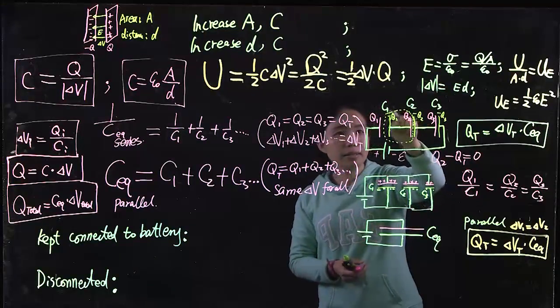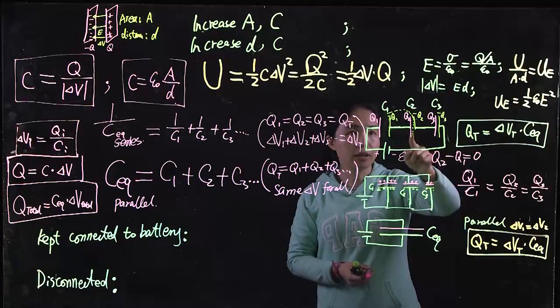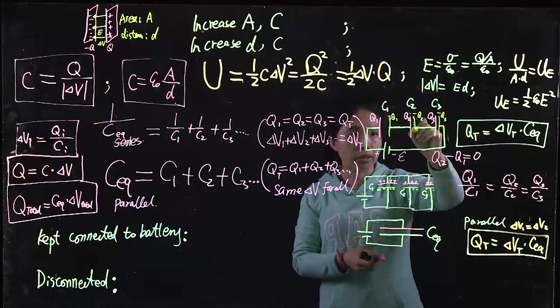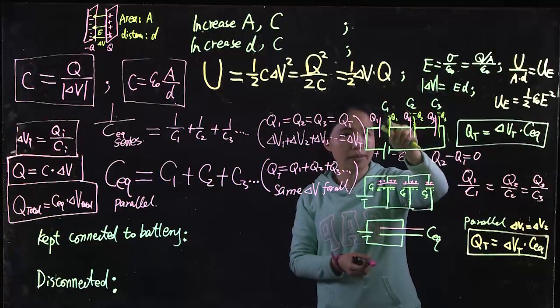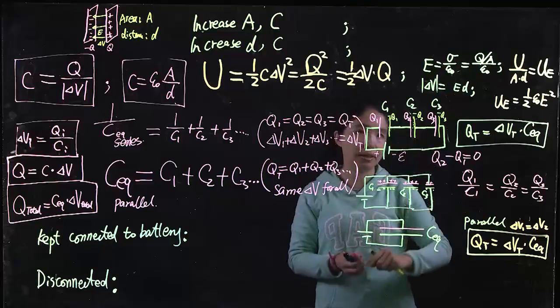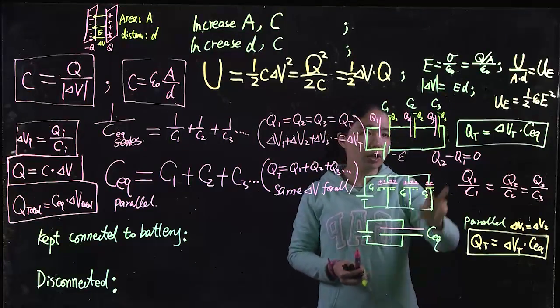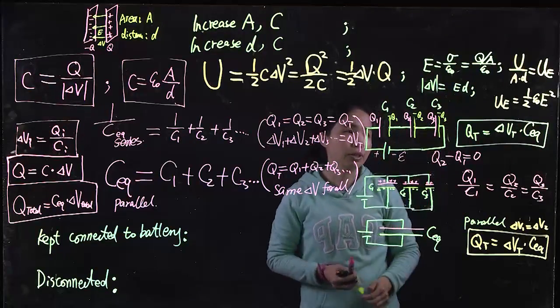Why? Because this region that I just circled, all together, is neutral. If you have this much positive charge here, that means you are leaving the same amount of negative charge on the other side. By looking at this, we know Q1 has to be equal to Q2, which has to be equal to Q3.